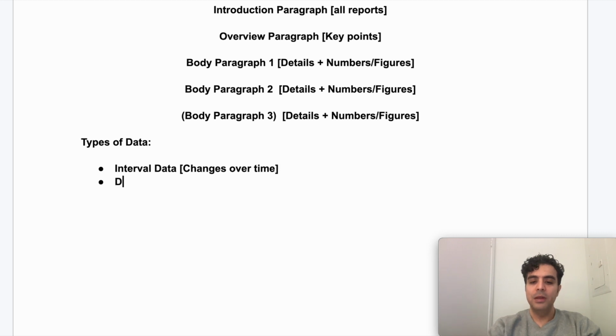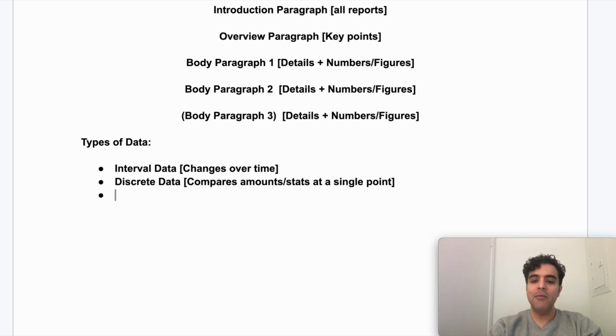We have discrete data, which looks at points in time, right? So compares amounts and statistics at a single point, usually in time. So it's not about changes.